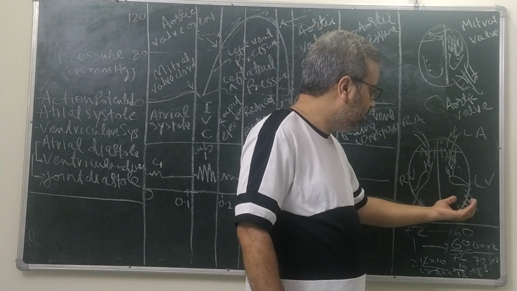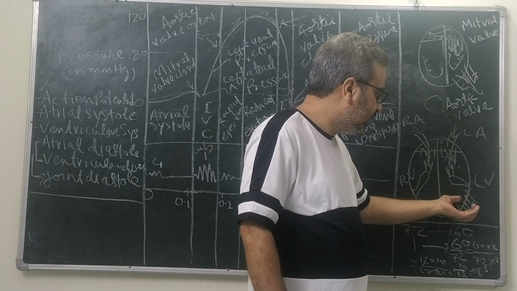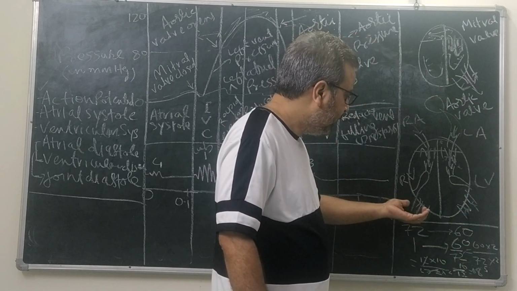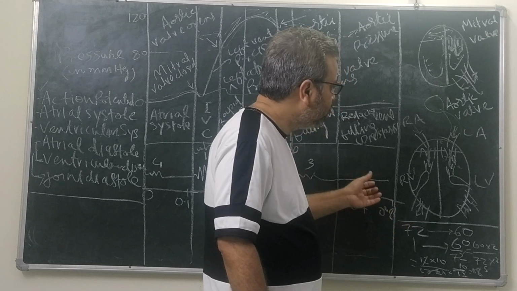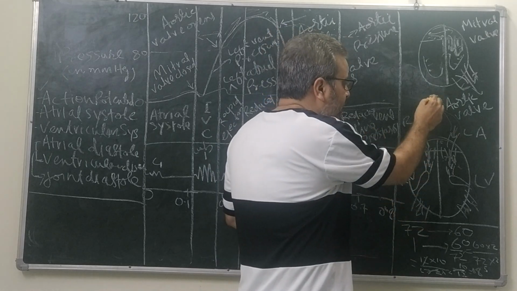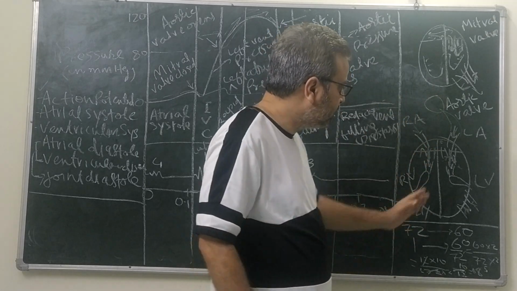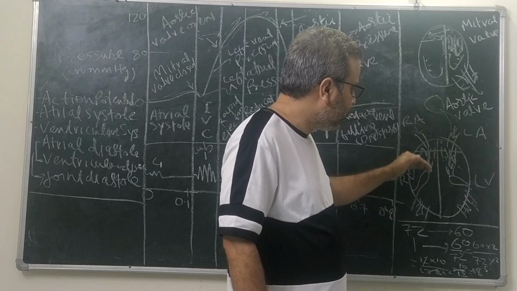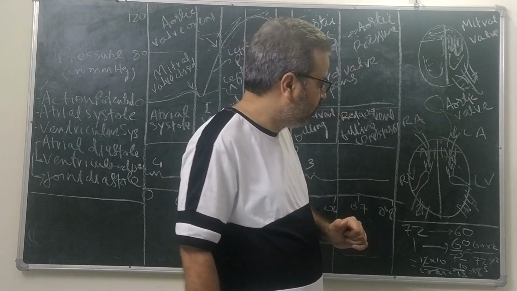But these two ventricles are joined through the aorta: the left ventricle is joined through the aorta to the body, and the pulmonary artery joins the right ventricle to the lungs. So these are the sides from where oxygenated blood flows, and these are from where deoxygenated blood flows.